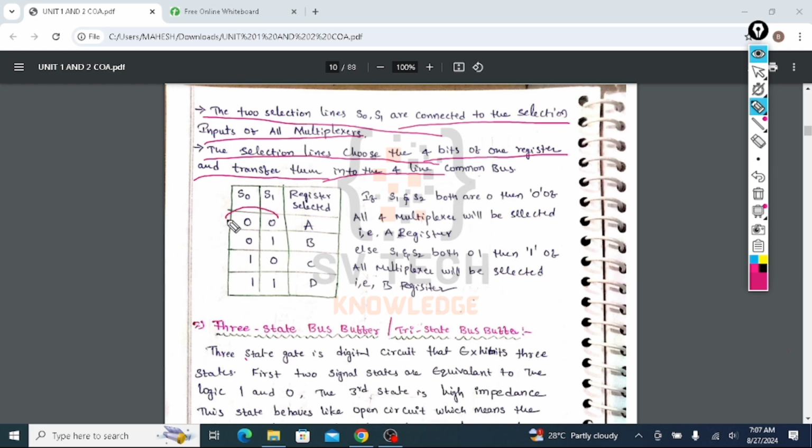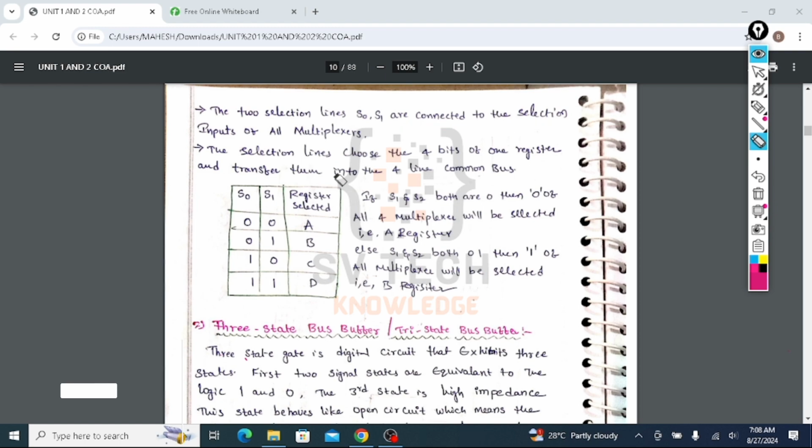If S0 and S1 are 0 0, the A register will be selected. If S0 and S1 are 0 1, the B register will be selected. If they are 1 0, the C register will be selected. If they are 1 1, the D register will be selected. So this is common bus construction using multiplexers, very important in COA.